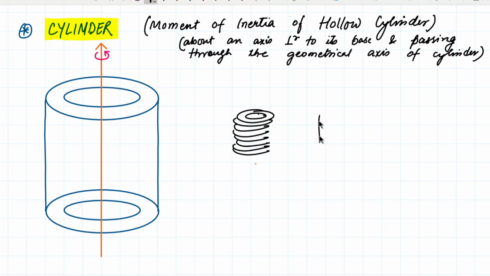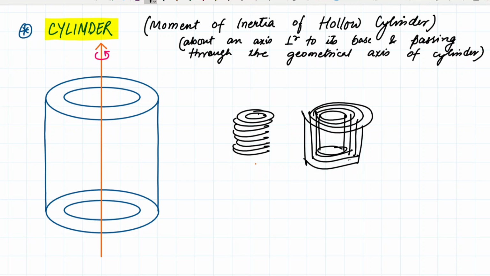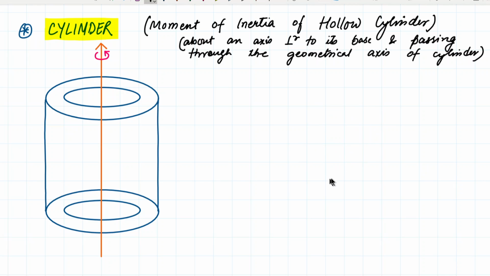Or you can imagine that this cylinder is made up of a very tiny cylinder and then integrate over it. Or you can take a very small volume element and then do a volume integration. Whatever method you apply, the answer should finally come out to be the same.